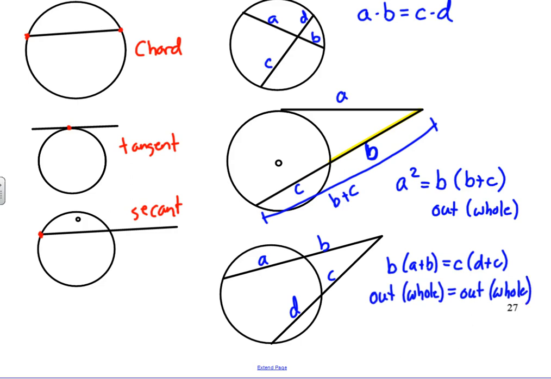So very similar to what you have going on with the tangent. Again, the outside length is just that exterior length that we have here of B and then C. Let's put it just in green. So C is this one. That's just the exterior length that we have there.